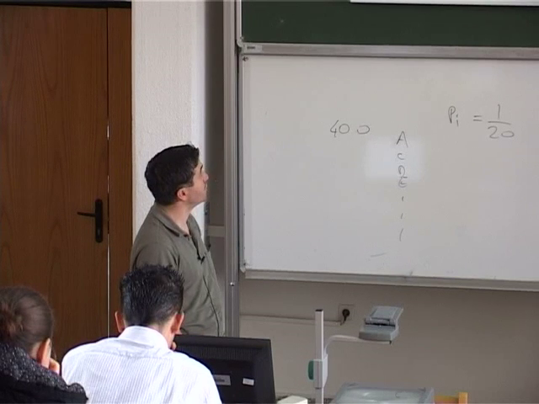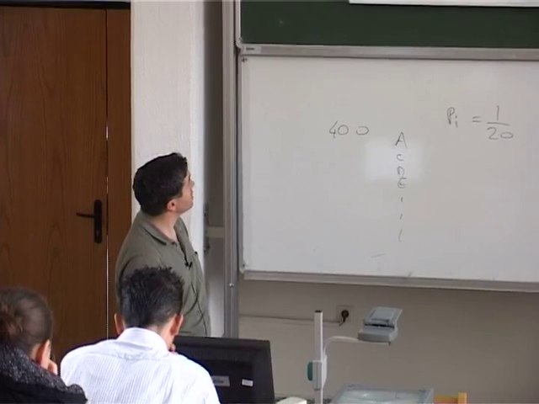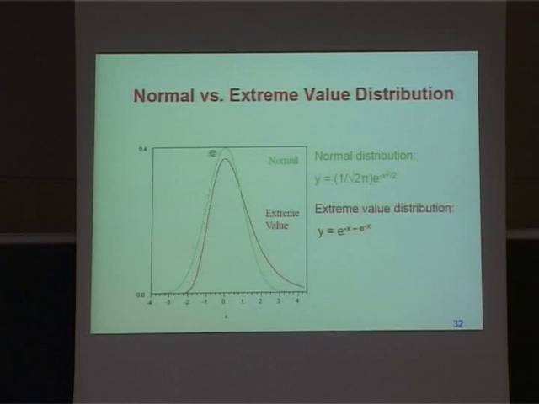The actual distribution we are going to see is called an extreme value distribution, and it's going to look somewhat skewed to the right. The green distribution here is a normal distribution, which is symmetric around the mean.